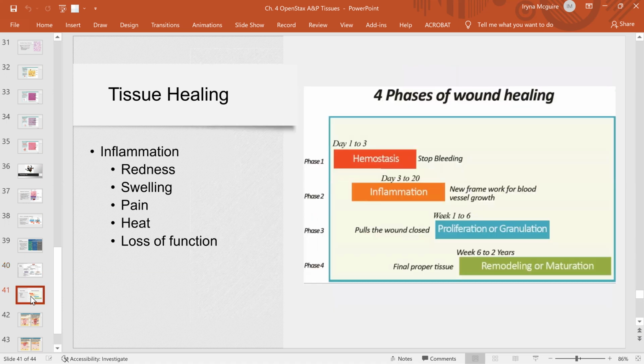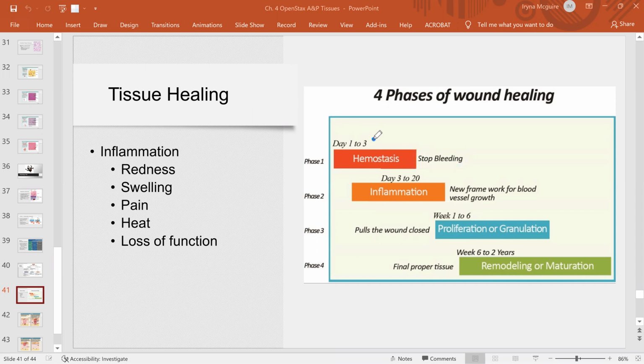Now, what are those phases of tissue healing? That would include hemostasis, and please do not confuse hemostasis with homeostasis. Homeostasis is the ability of your body to keep a stable internal environment. Hemostasis is when your body stops bleeding.